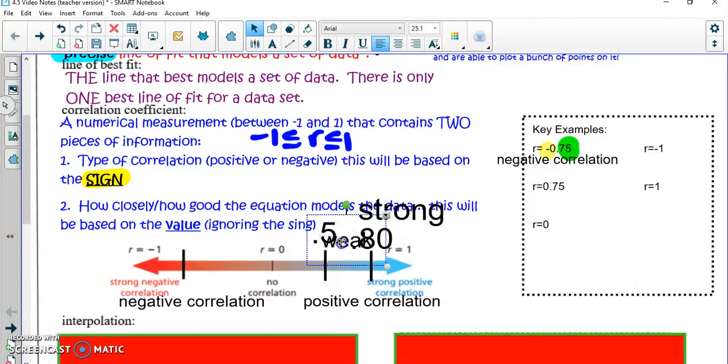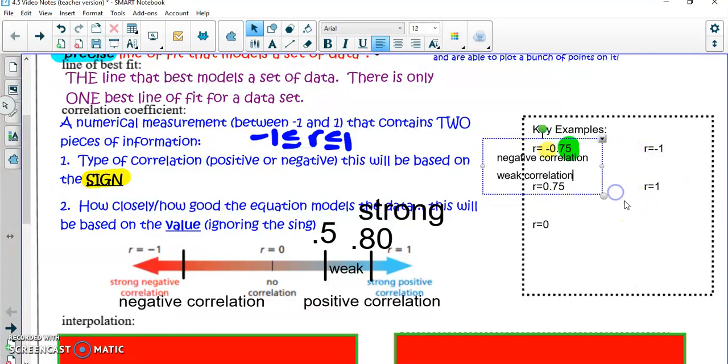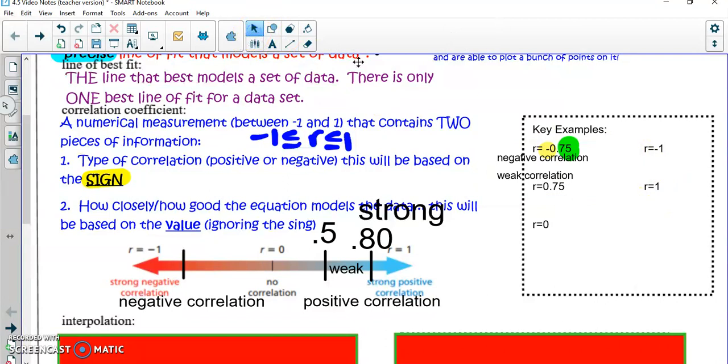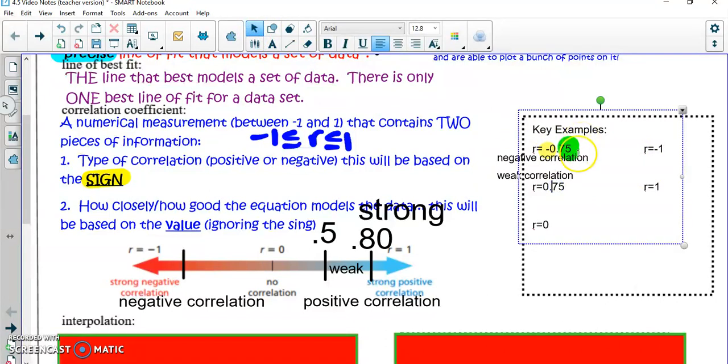So we want to see above 0.8 to be strong. Like here, 0.75 would not be quite at 0.8, so I'd still call this somewhat of a weak or medium correlation. Now the important example is right below it. R is -0.75, so here the correlational coefficient just has a different sign.